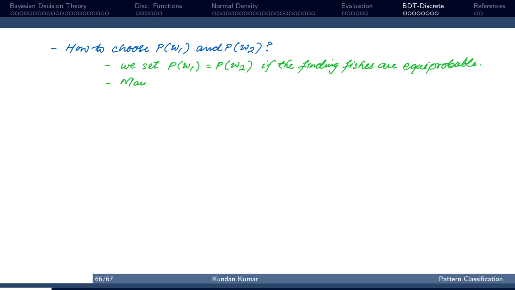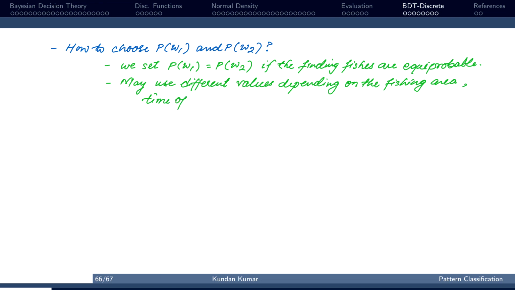Or we may use different values depending on the fishing area or time of year, etc. That means we can decide the prior probability based on the fishing area or the time of year in which we are collecting the fish.